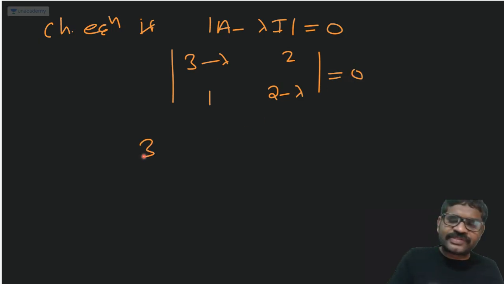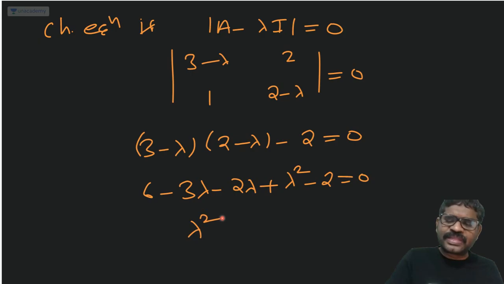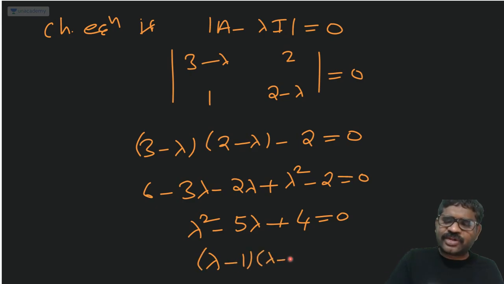By expanding this determinant, (3 minus lambda)(2 minus lambda) minus 2 equal to 0. 6 minus 3 lambda minus 2 lambda plus lambda square minus 2 equal to 0. Lambda square minus 5 lambda plus 4 equal to 0. (Lambda minus 1)(lambda minus 4) equal to 0.